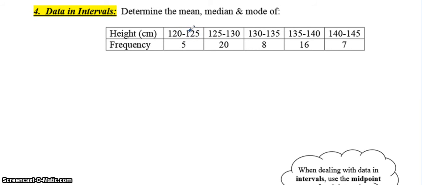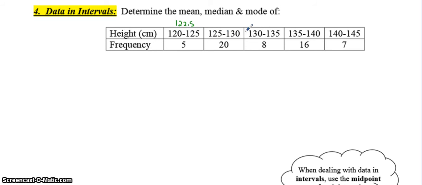So the best that we can do is to just say that all 5 people are 122.5. And do you know where we get this number? It's just the midpoint of these two values. So add up these two values, divide by 2.